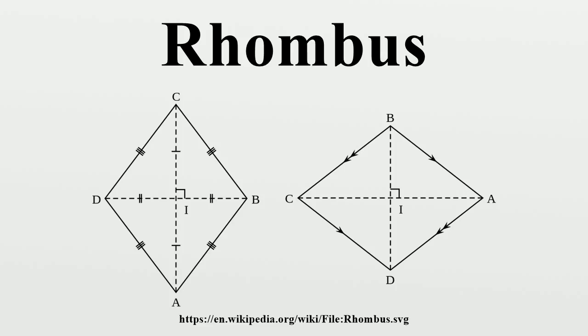The word was used both by Euclid and Archimedes, who used the term solid rhombus for two right circular cones sharing a common base. Characterisations.